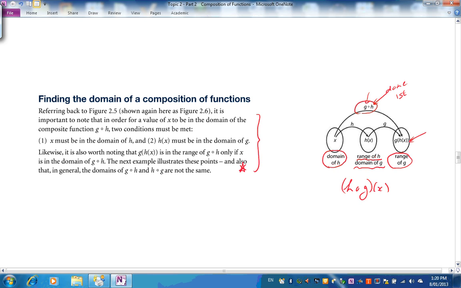Here what you're looking for is to do G of X first, and if you do G of X first, then you require that the domain be the domain of G, because you're doing that first. So the domain of a composite function is the domain values of the function done first. So here it's G of X.